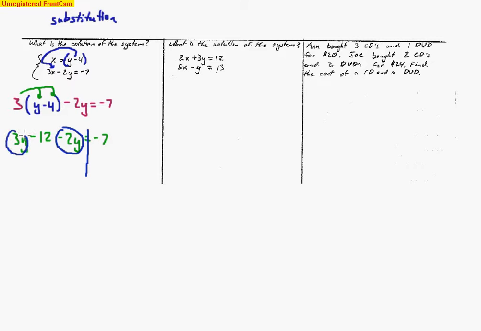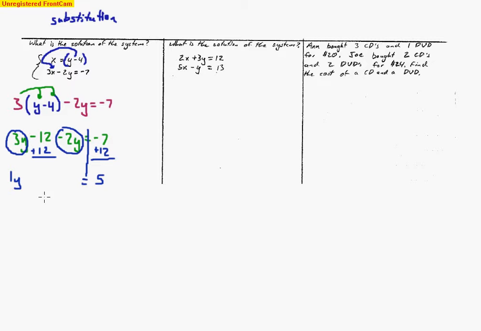So I'm adding them together, and that ends up just making a 1y. I end up having to subtract because they're opposite in sign. One's positive, one's negative. But over here, the 12 is on the opposite side of the equal sign, and this is where I'm using opposite operations. So I'm left with y on the left-hand side, and this all equals 5 on the right, because negative 7 plus 12, opposite signs, so I subtracted.